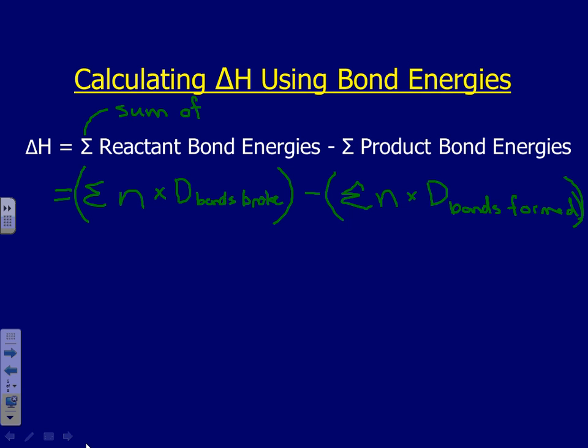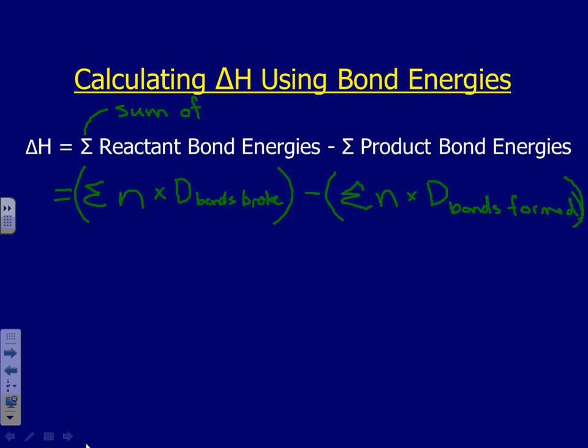So we use the positive version of the number in the table. And then we're adding the energy of the bonds formed. But because bonds formed are exothermic, their sign will be negative, which means we have energy given off when we form bonds.